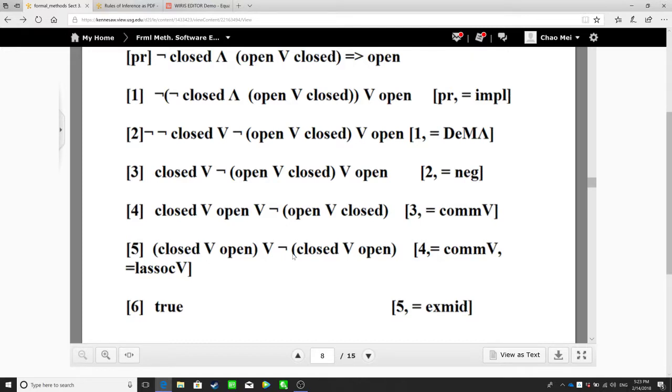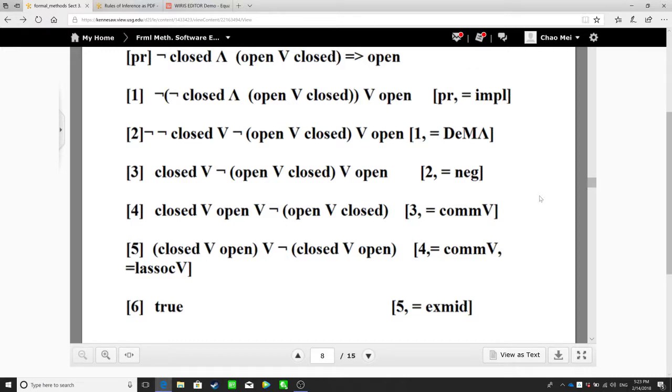So this is always true, because if this is true, this is going to be false. If this is true, this is going to be false. So at least one of them has to be true. So this is always true. That's the basic step of the direct proof.